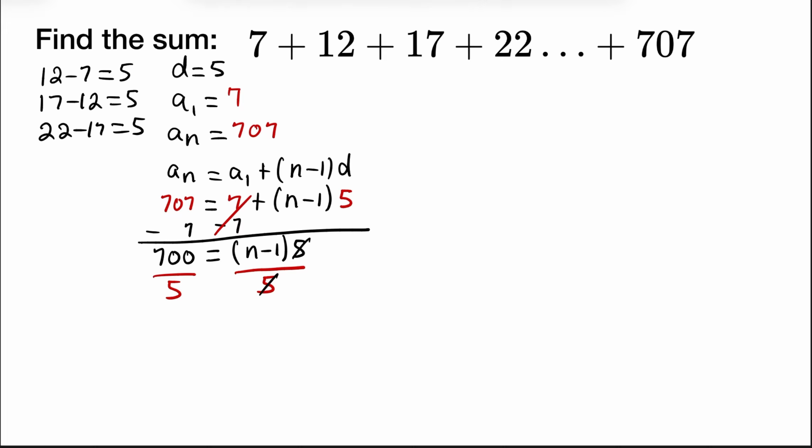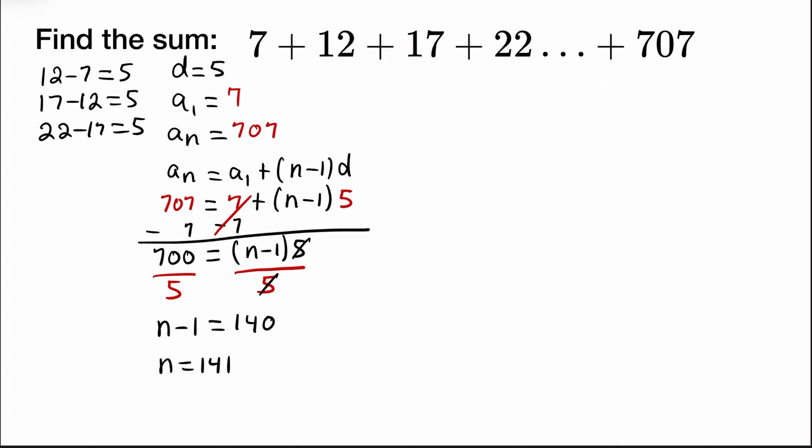So I'm just going to write n minus 1 on the left side and set that equal to 700 divided by 5. 700 divided by 5 is 140. And then solving for n, we'll add 1 to both sides. So n equals 141. So that means there are 141 terms in this series, okay?